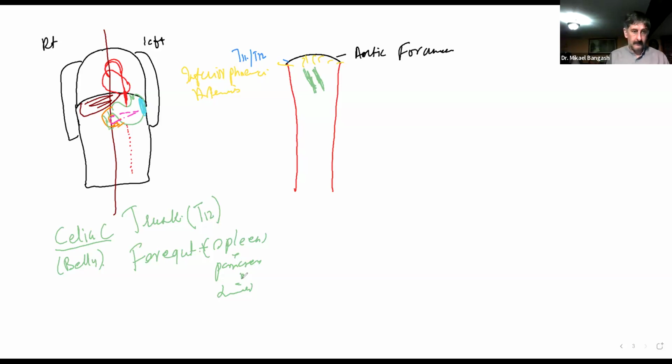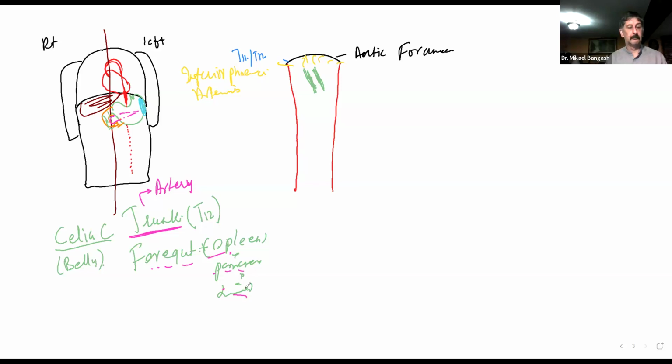Now, guys, another thing that I said was that when you hear the word trunk, there are two things to remember. First of all, there's no question about it, this is going to be an artery. And when we say artery, what do I mean? Mainly a blood vessel that's going to supply blood to structures.